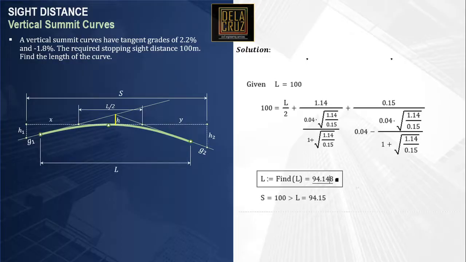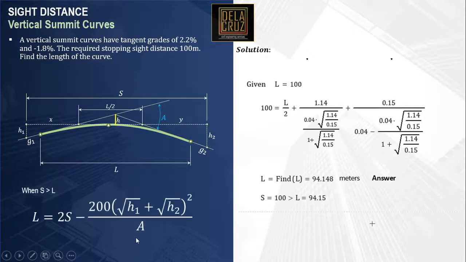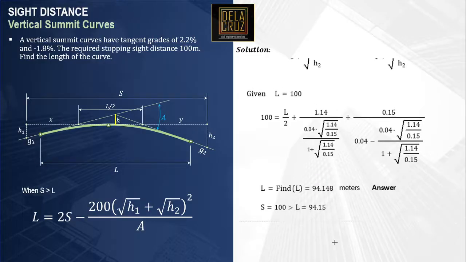So this is now our answer. Using the formula, this is the formula actually for when S is greater than L. So let's evaluate that formula to see if this will give us the same answer as the manual approach.